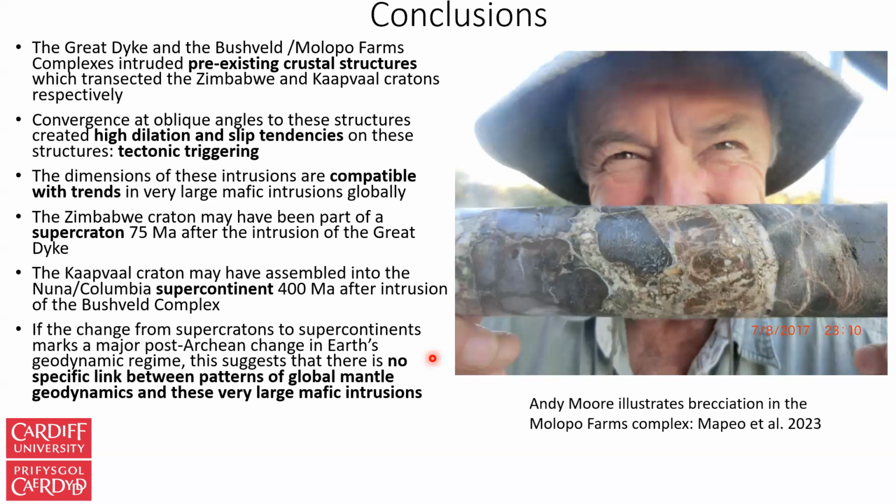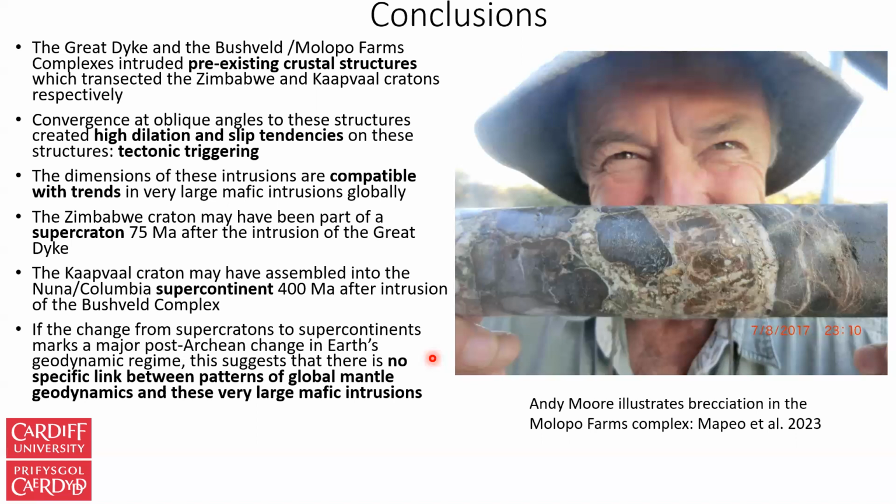So the bottom line here that I really want to say is the transition from supercratons to supercontinents is quite commonly thought of nowadays as marking a fundamental shift in global geodynamics from some sort of lid tectonics. Sluggish lid is a popular one these days, as opposed to mobile lid, to full on plate tectonics. So this transition at the end of the Archean is quite commonly viewed in that light.